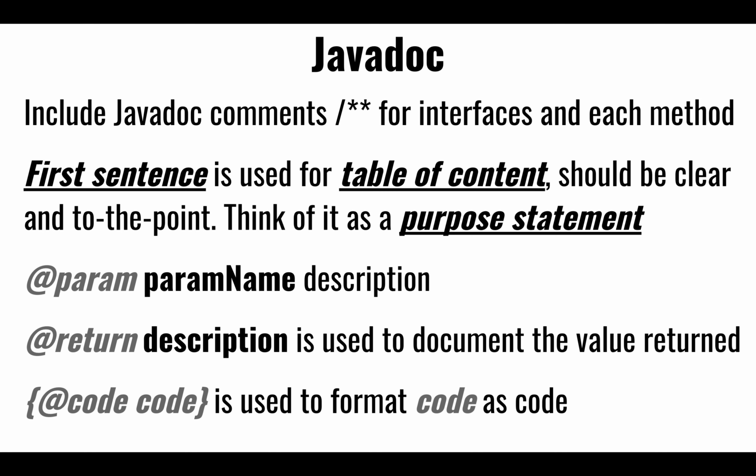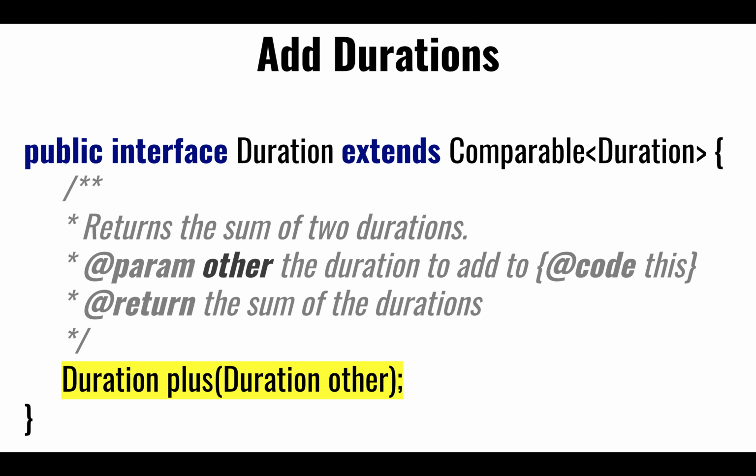Also, notice that we've been using Javadocs everywhere. This @param and @return allow us to document these methods and the interfaces themselves. The first sentence here, returns the sum of two durations. All those sentences at the beginning of methods and classes, the Javadoc grabs those sentences and creates a website.